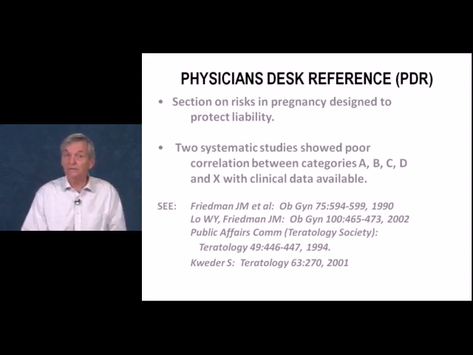They haven't been. You can see the paper published in 1994. This was a report from the Teratology Society, which is a scientific group concerned about estimating risk from exposures during pregnancy. 20 years ago, they told the FDA that the drug categories A, B, C, D, and X were no good. They should get rid of them.